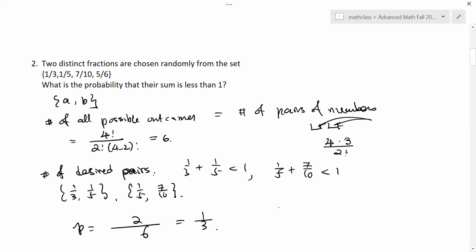That's why you get 6, another way to get the number 6. According to the principle of counting, if a procedure involves several steps and each step has a number of choices, then the number of ways to complete the procedure is the product of the numbers of choices at each step.